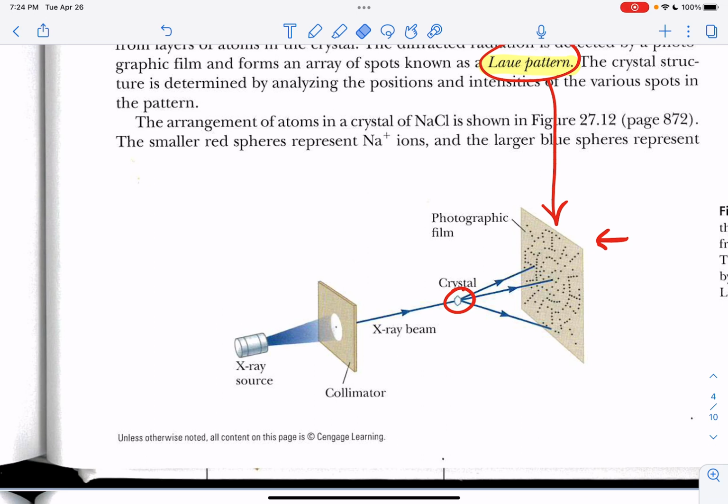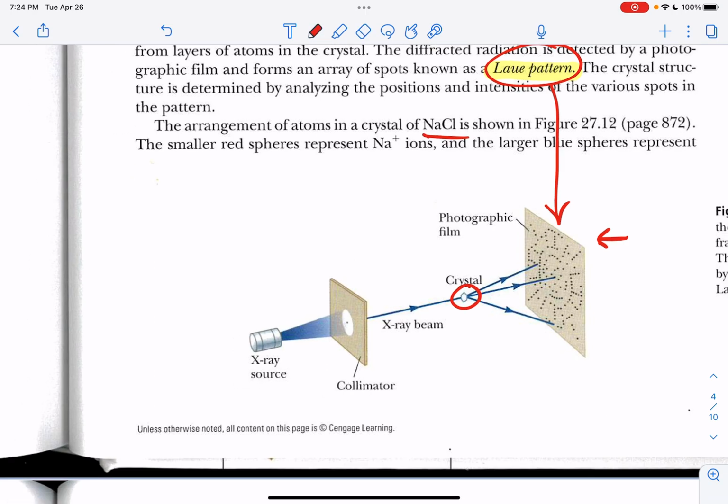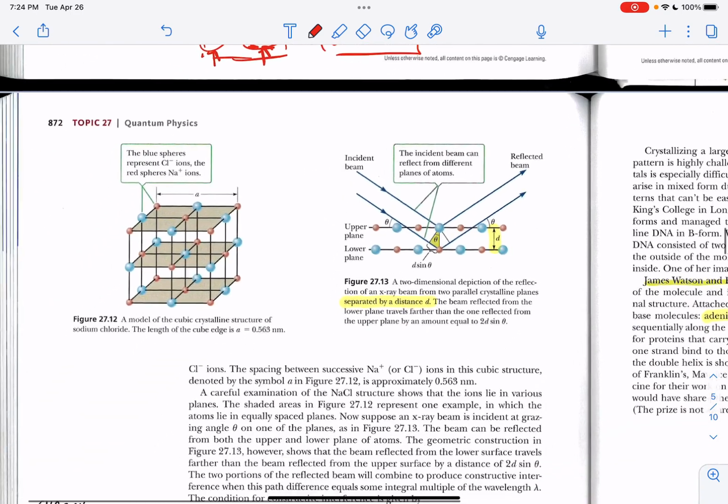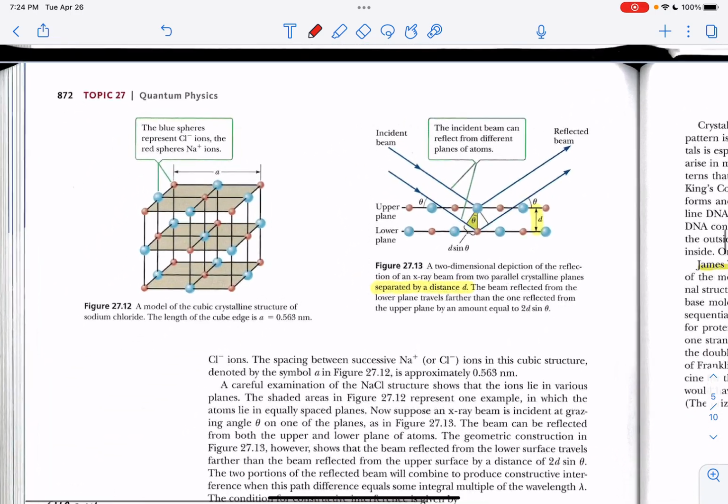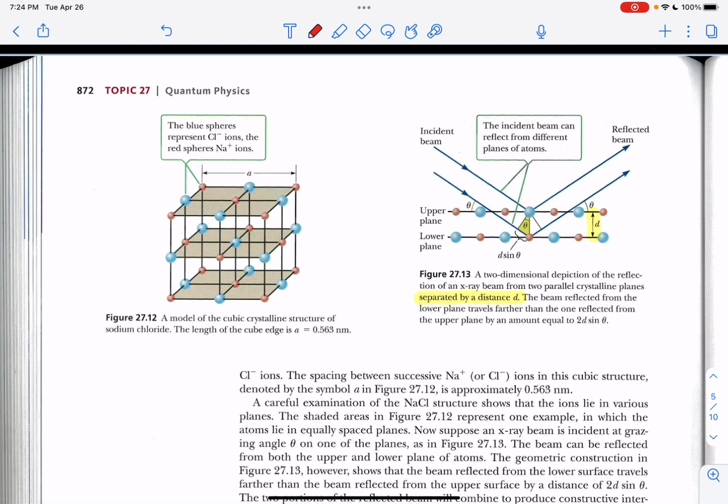In this case, you're looking at a crystal of sodium chloride, which of course is a three-dimensional structure containing positive sodium ions and negative chloride ions, as you can see right here. So as your light is entering the crystal and striking the crystal, sometimes some of the light will hit a particle on the surface.